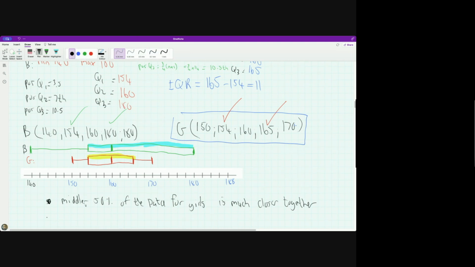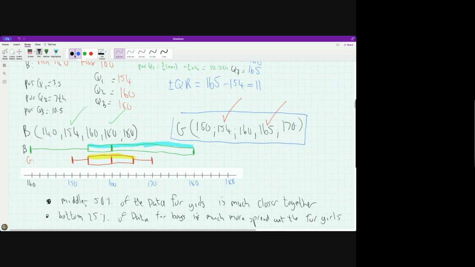Another thing you could say is that the bottom 25% of data for boys is much, sorry for my writing, is much more spread out than for girls.